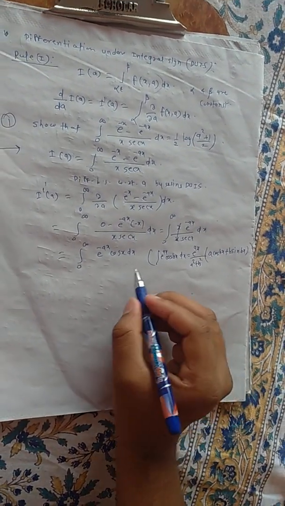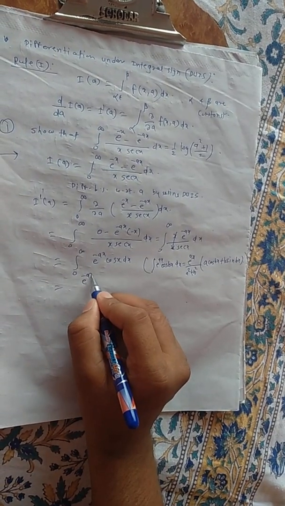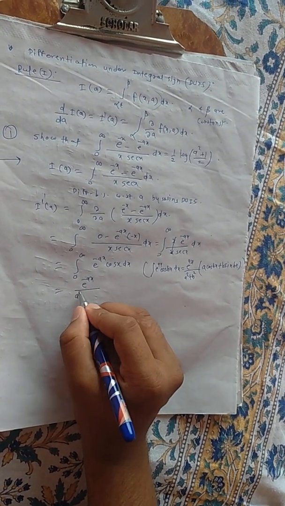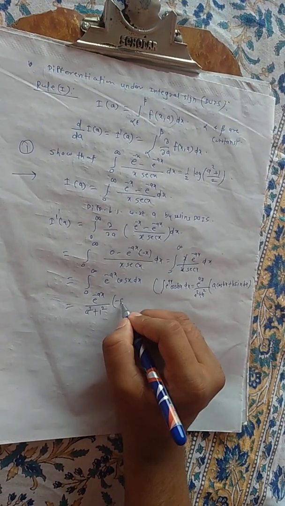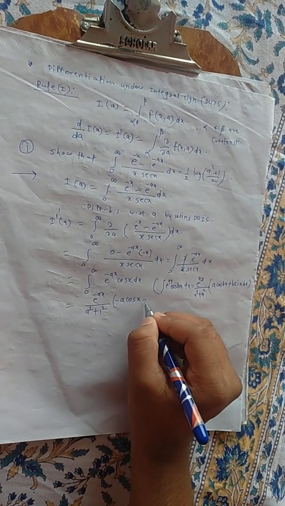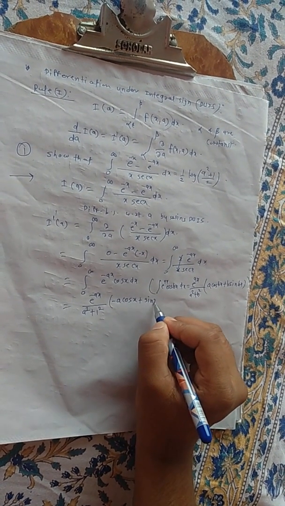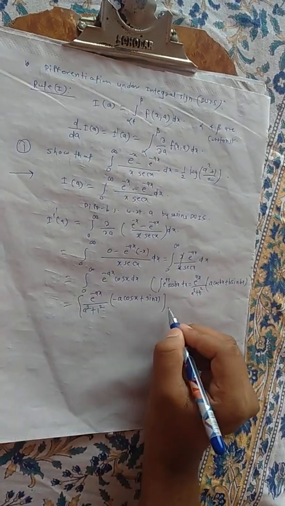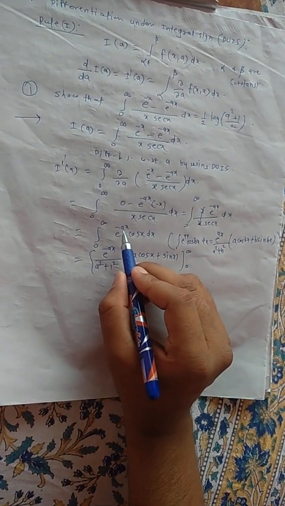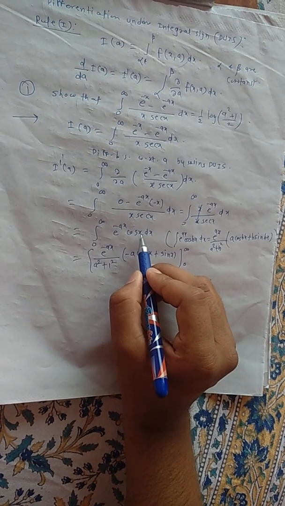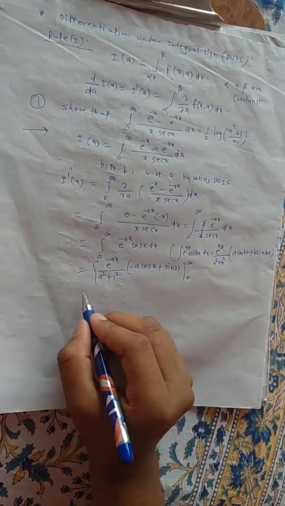By that formula we write this integral as e raised to minus ax upon a square plus 1 square into (minus a cos x plus sin x), from 0 to infinity, upper minus lower. Here the value of a is minus a and the value of b, the coefficient of x, is 1. Accordingly we are writing the integration.